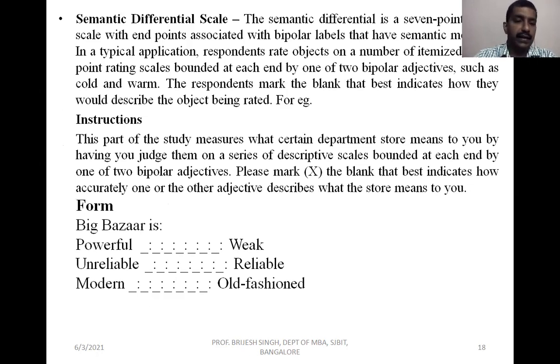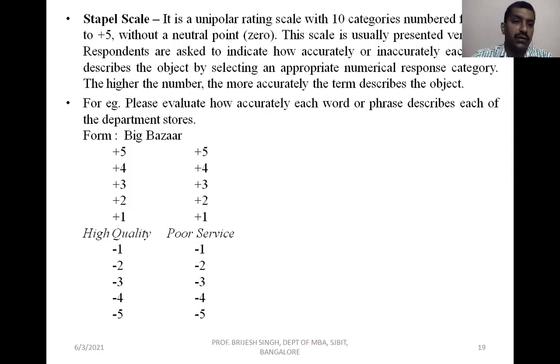Let us take an example: if you are conducting research on marketing and you want to know the brand image of Big Bazaar, you can have parameters like powerful versus weak, unreliable versus reliable, or modern versus old-fashioned. In that you can give them the rating, and they will be able to select the particular position.